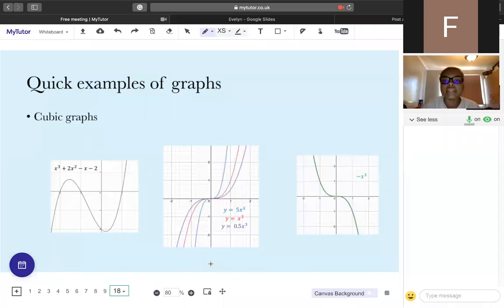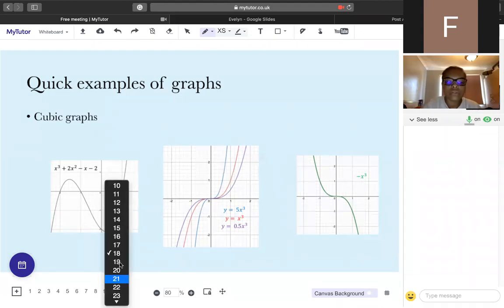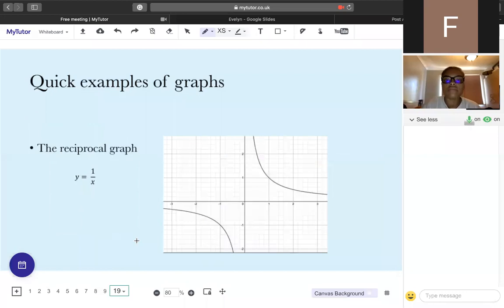Make sure that you understand the difference between a positive cubic graph and a negative cubic graph. They're sort of like reflections of each other, but positive ones start from the bottom and work their way up, whereas negative ones start from the top and work their way down. So remember that one. And then also with reciprocal graphs, you have to remember this particular one.